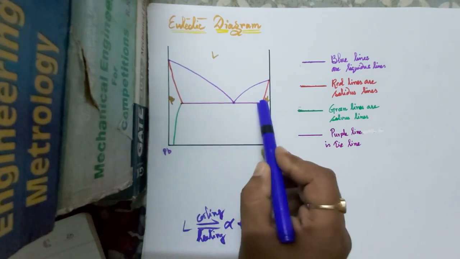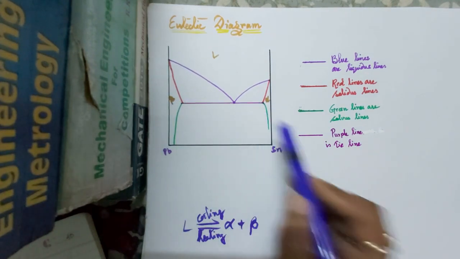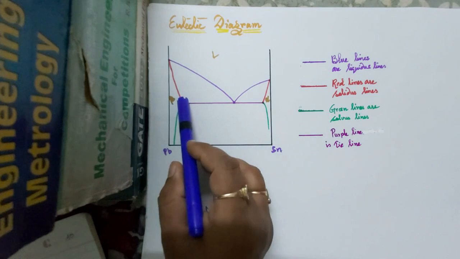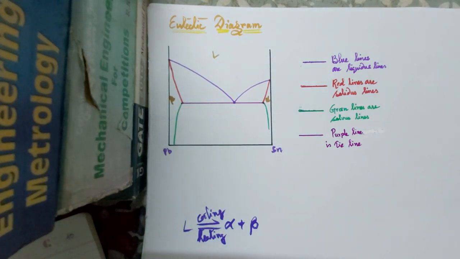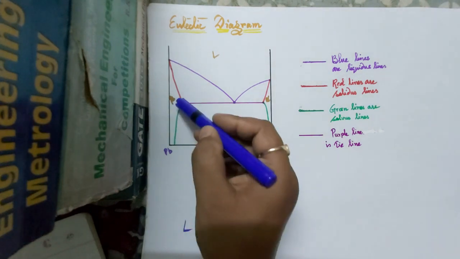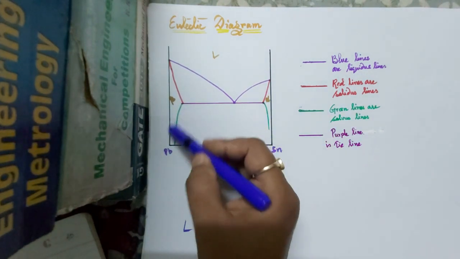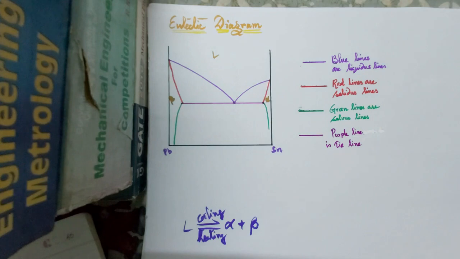And one purple line is the tie line, where we have constant temperature, or this is an isothermal line. And this one is called the Solvus line. In my previous classes, I have already told you about the liquidus line, solidus line, and tie line.